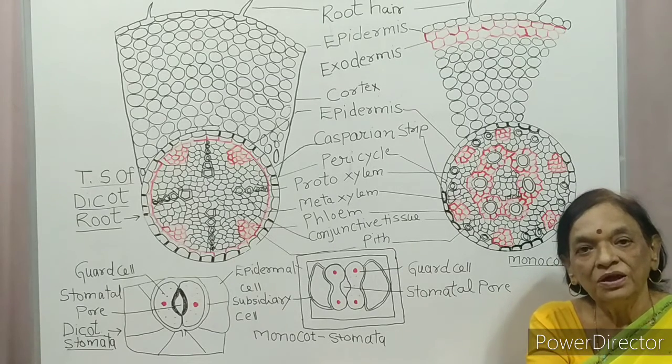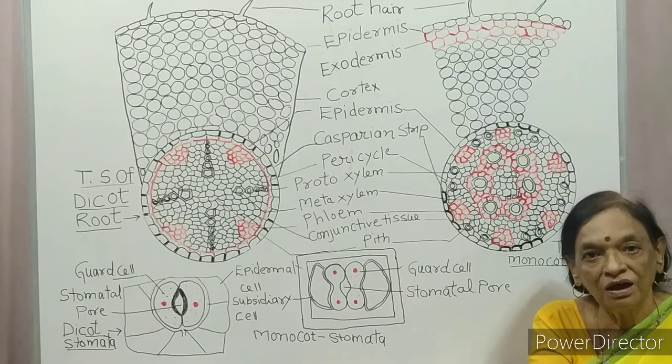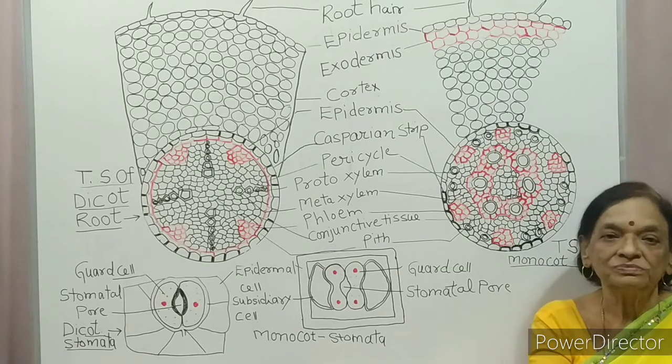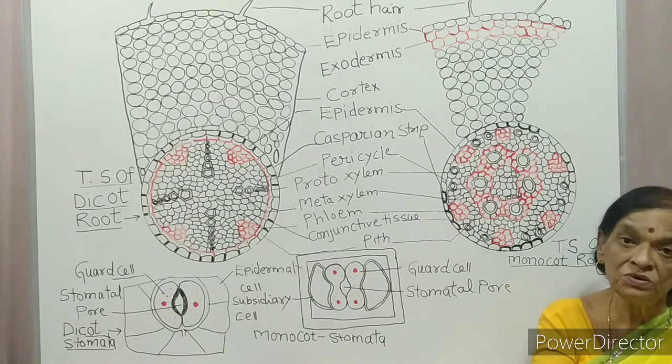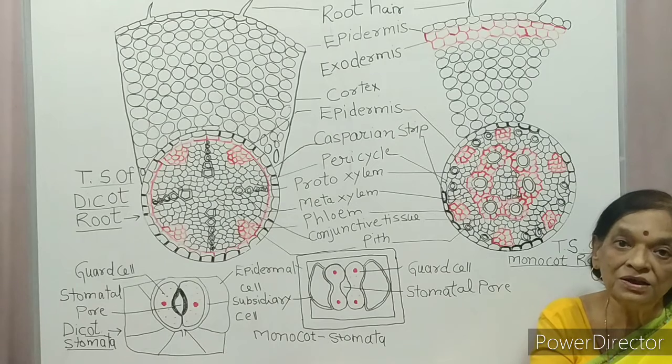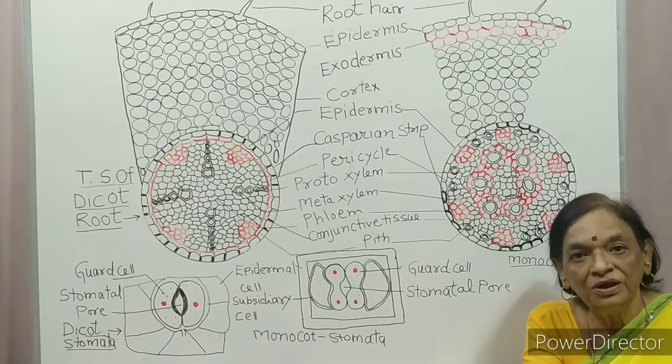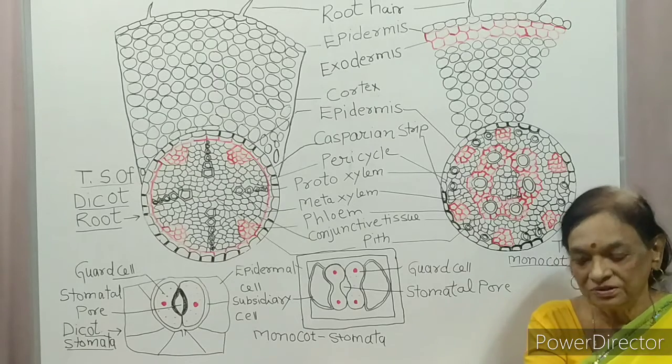Collateral. Phloem faces periphery, outside. When phloem is outside, it is called the collateral vascular bundle. So conjoint means xylem and phloem occupying same radius, and collateral means phloem faces outside.